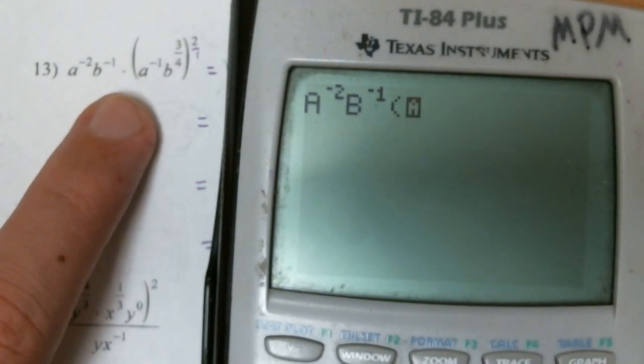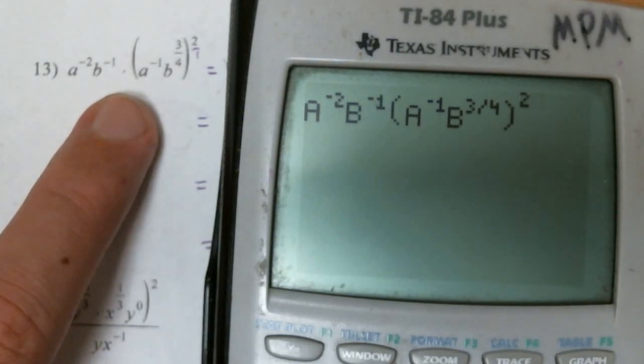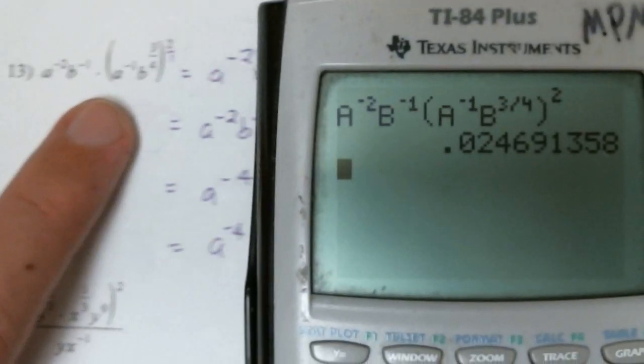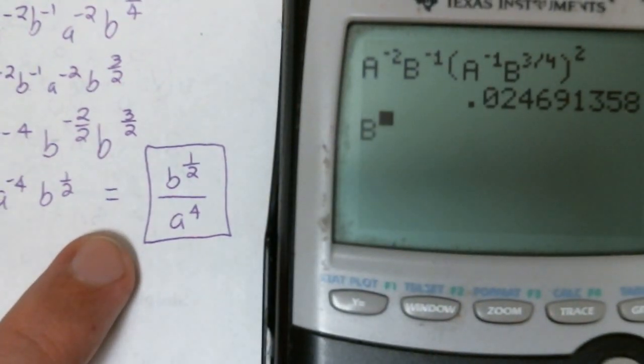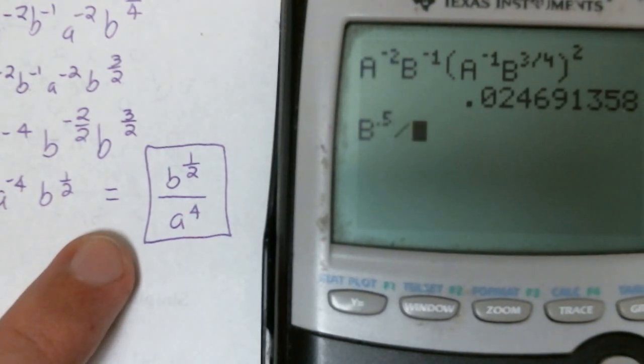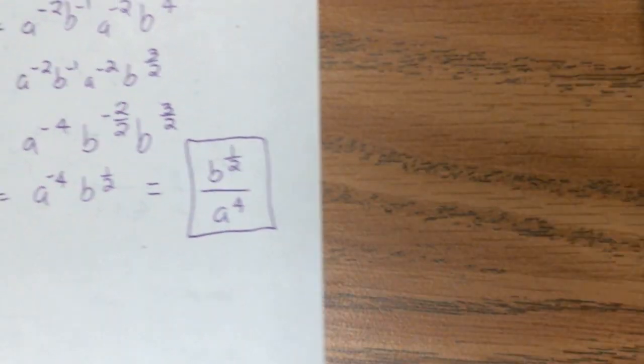Big parentheses, a to the -1, drop the cursor, b to the 3 divided by 4, drop the cursor, parentheses, all that raised to the 2nd power. Okay, fine, whatever. Don't care what that number is. Alpha b raised to the 1/2. Now I could do 1/2, I could actually do 0.5 if I wanted to. b to the 1/2 is the same thing. Divided by alpha a to the 4th, and they match.